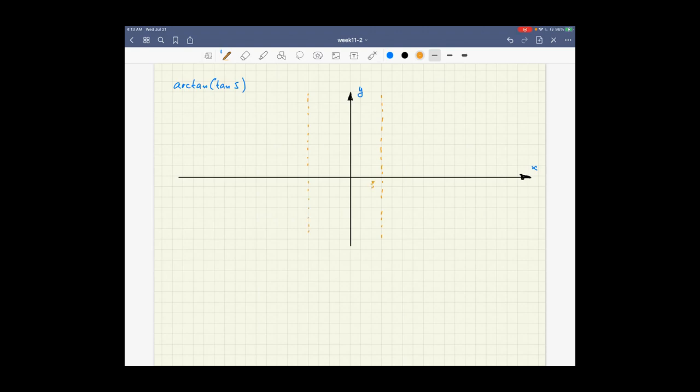So that's pi over 2. That's 3 pi over 2. That's 5 pi over 2. And the graph will look the following way. There are these magic points. This is a little bit wrong. It should be here. Negative pi over 2.